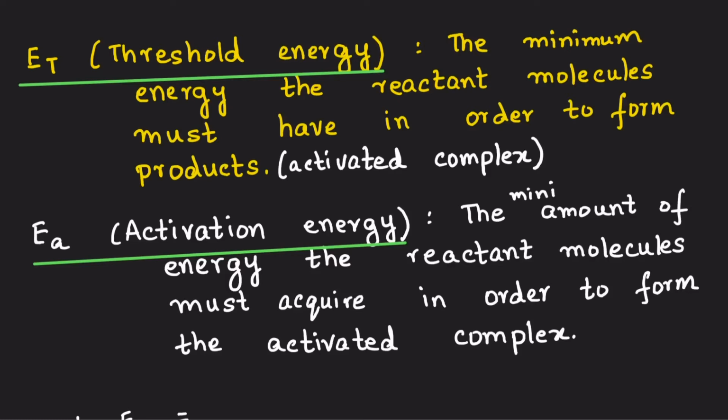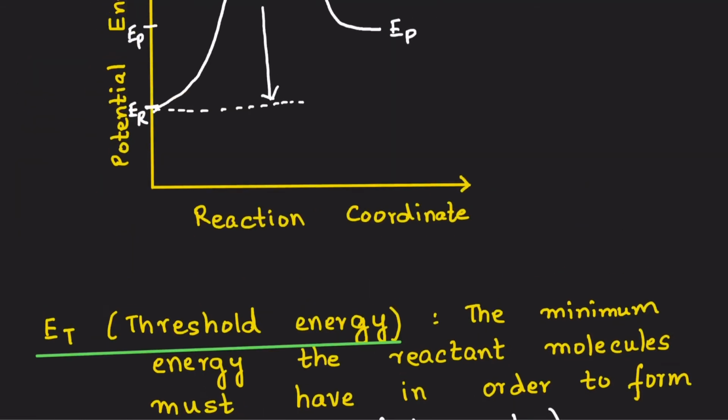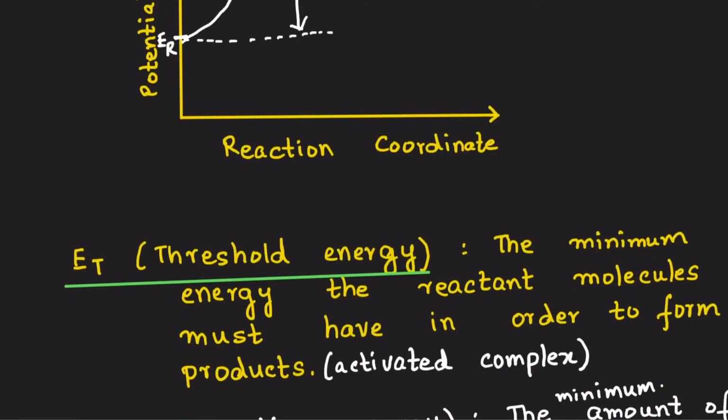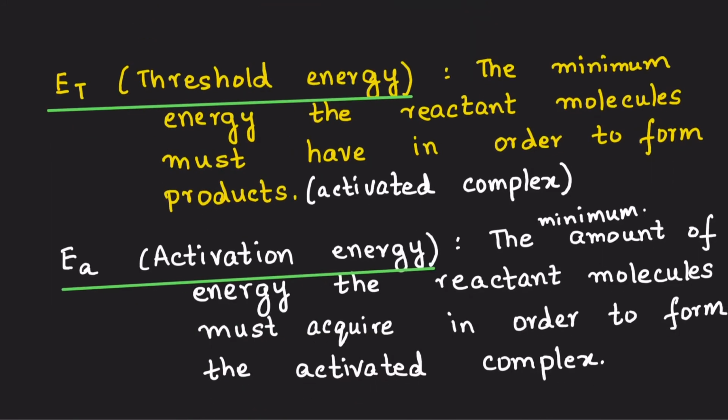The minimum amount of energy that the reactant molecules must acquire in order to form the activated complex. Why did I use the word minimum? A reactant molecule can acquire energy higher than the threshold energy also, right? So what's the minimum energy that they need in order to form the complex?